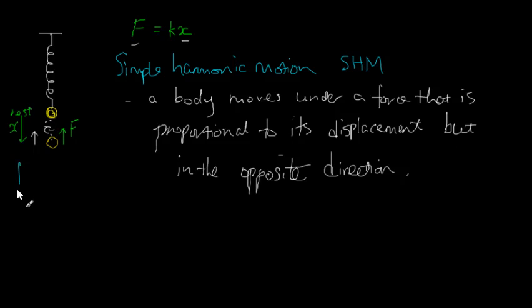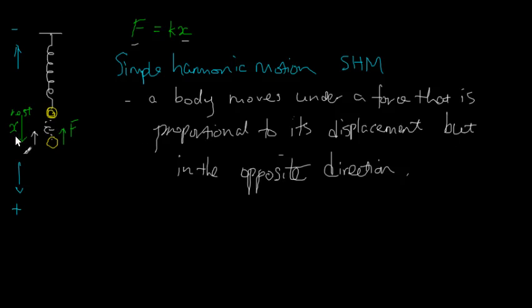In this case, down and up. As we've done for earlier topics on velocity and acceleration, I can define one direction as plus and the other as minus. So I'll choose the downward direction as plus.